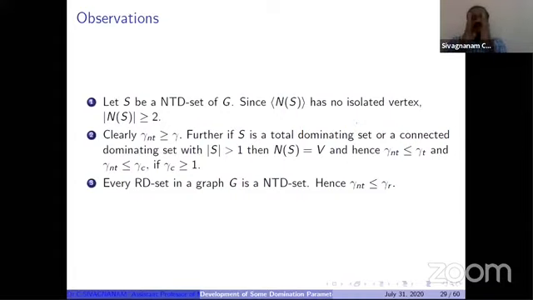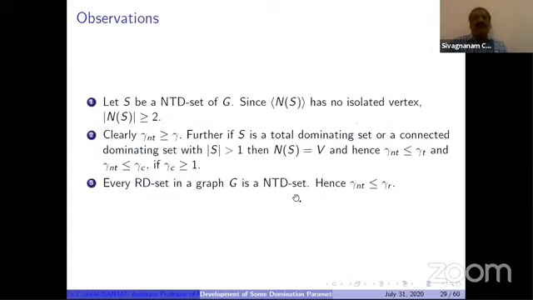For any total dominating set, automatically we get the whole set V. Suppose S is a connected dominating set of cardinality more than 1, minimum 2 vertices are available in any connected dominating set. What is the NS we are having? It is also V. So using this concept, we have the relation gamma NT less than or equal to gamma T. Gamma T means total domination number and gamma NT means neighborhood total domination number. So the neighborhood total domination number of any graph is less than or equal to the total domination number of that graph.